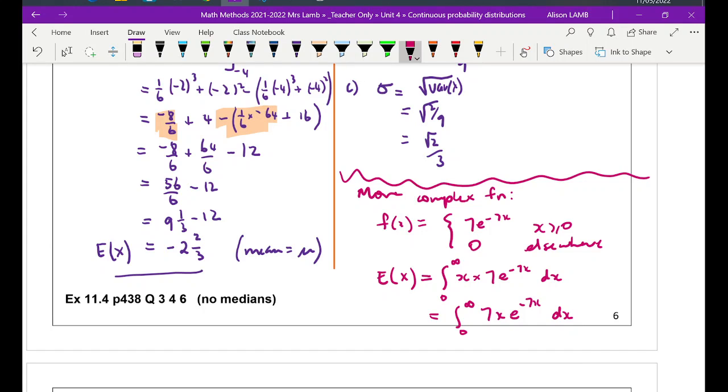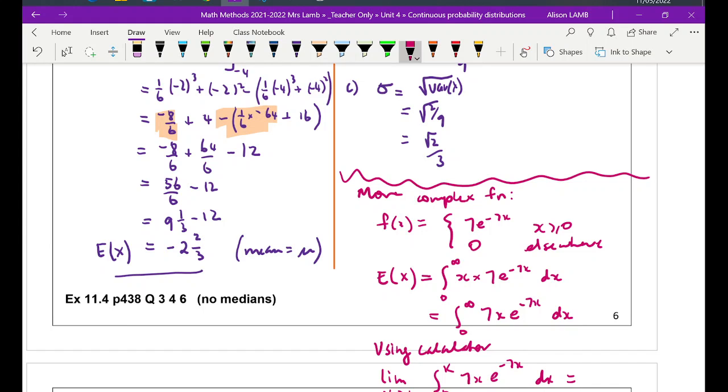So essentially, using our calculator, we could get it to work out the limit as k approaches infinity of the integral from 0 to k of 7x e to the negative 7x.